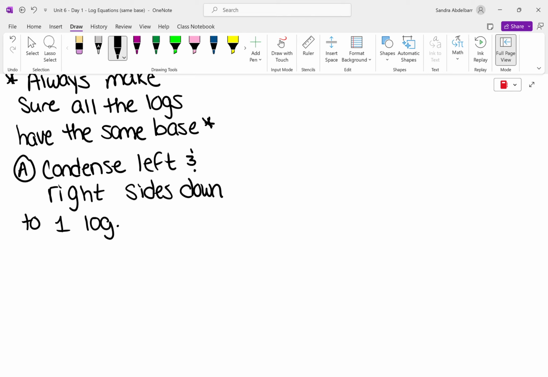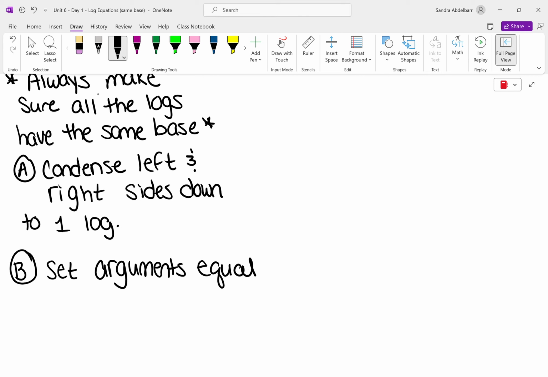So once you get one log equal to another log, you're going to set the arguments equal to each other. Then solve for the variable.